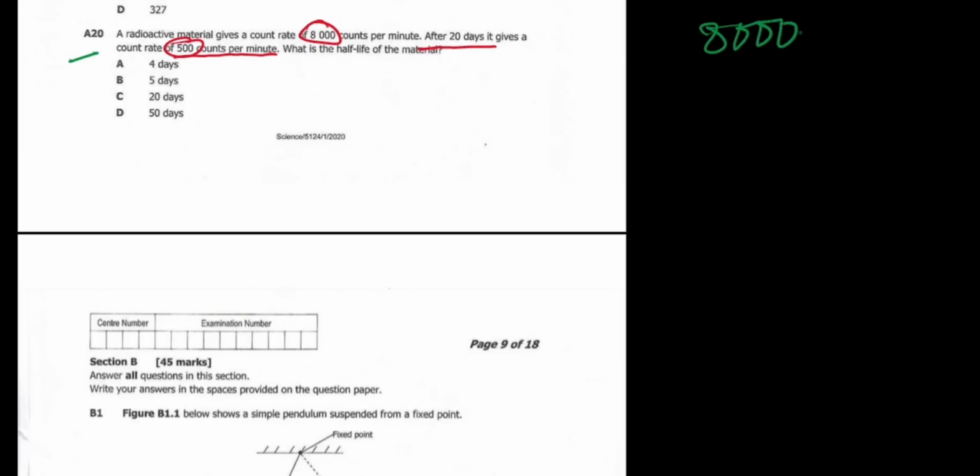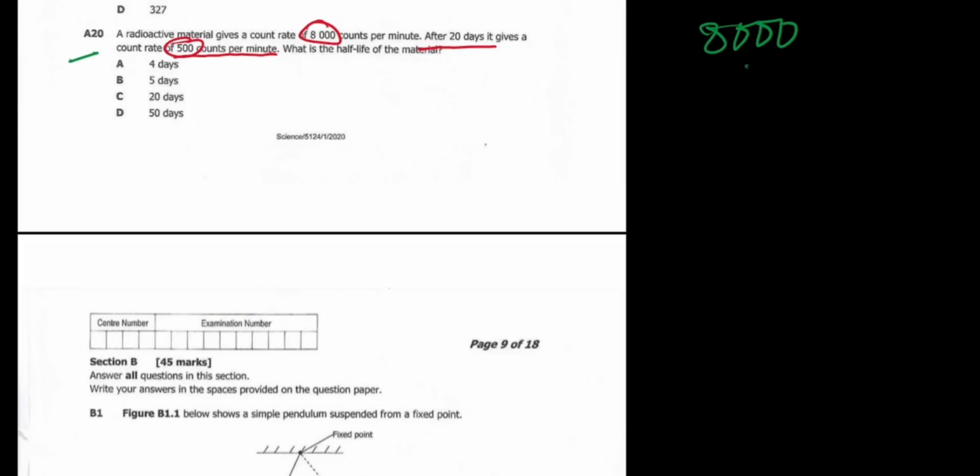But it says after 20 days, the count rate that you have is actually 500 counts per minute. So what has happened? It has dropped from 8,000 counts per minute to 500 counts per minute. So what is happening here? Well, since you understand what the half-life is, you have 8,000 counts initially.